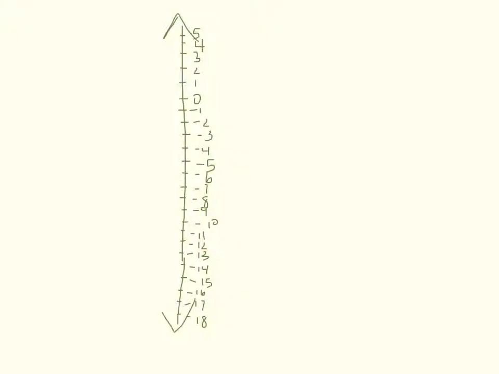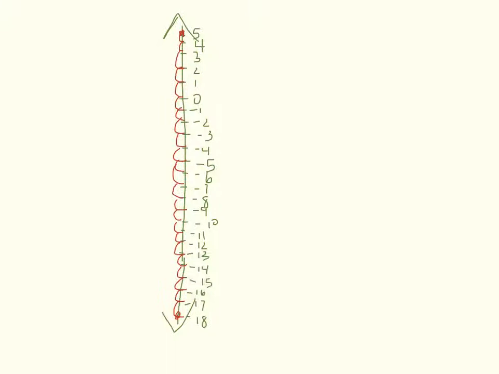If we start here at 5 degrees and we go all the way down to negative 18 degrees, then you can just count the spaces in between and it will be 23. 1, 2, 3, and so on up to 21, 22, 23 spaces.